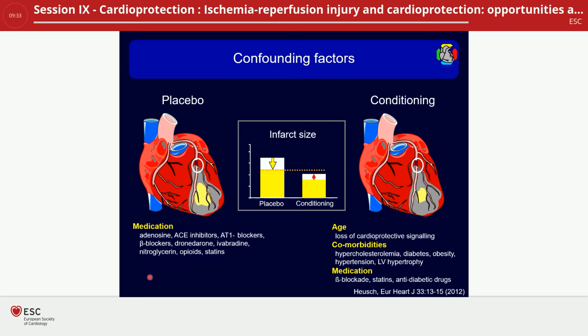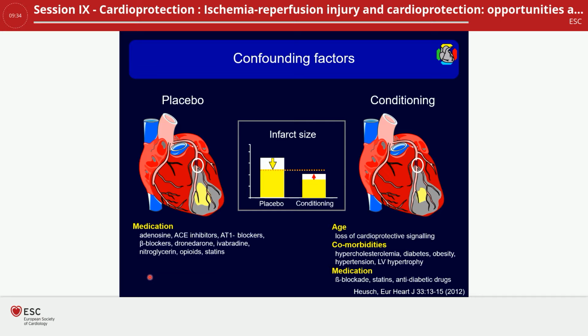What I just want to mention here is that all these factors can obscure and hide a potential protective effect, in the sense that if something makes infarct size smaller in the placebo group by being protective itself, such as a beta blocker, it will of course diminish the potential difference to the cardioprotective intervention under study.